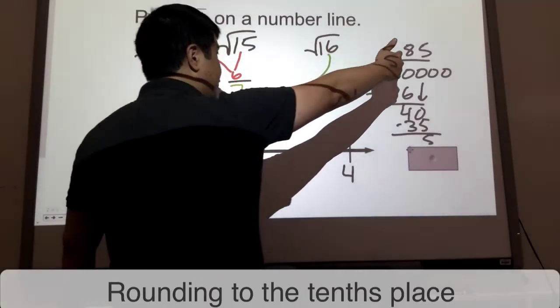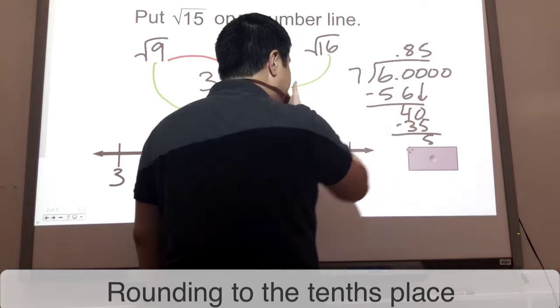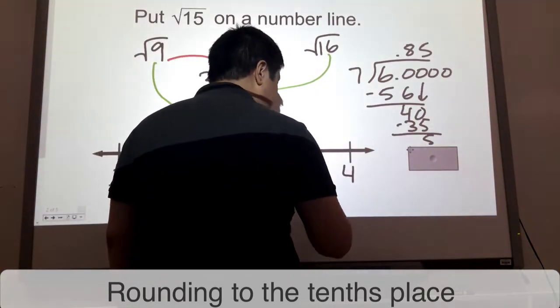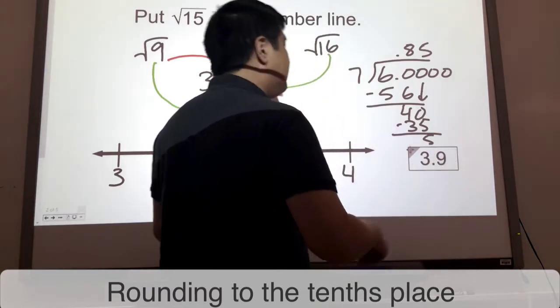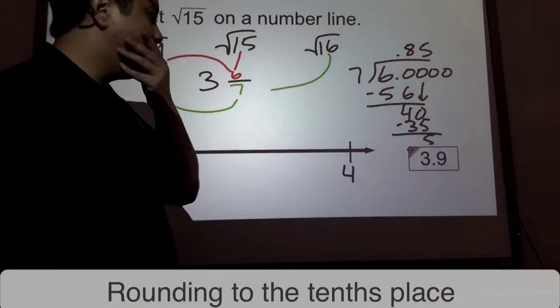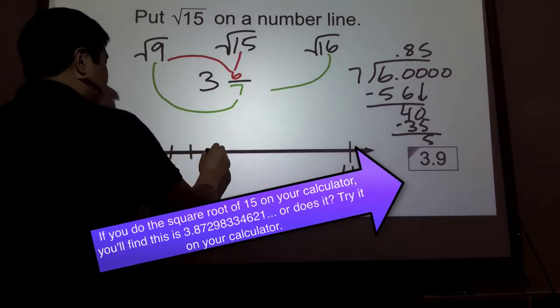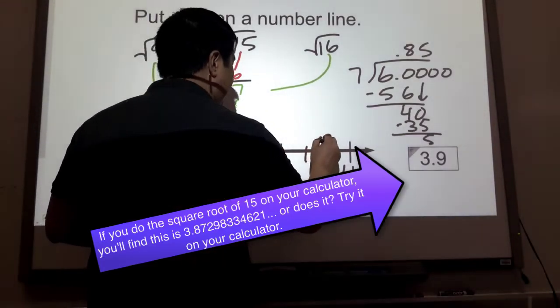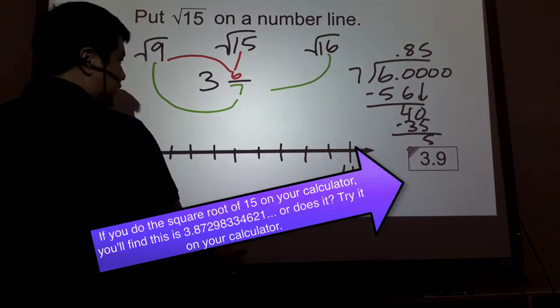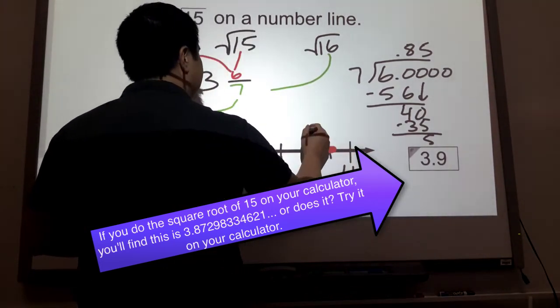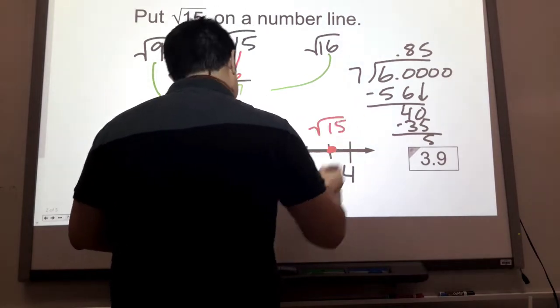This 5 indicates that we're going to round the 10th place up, so our answer is going to be 3.9. So I'm going to put in my 0.1, 0.2, 0.3, 0.4, 0.5, 0.6, 0.7, 0.8, 0.9, and say that this is approximately the square root of 15.